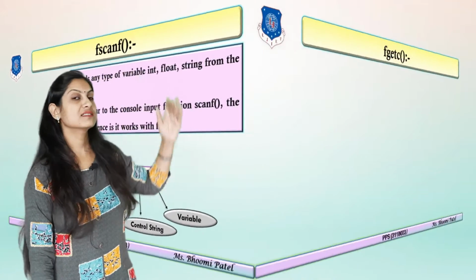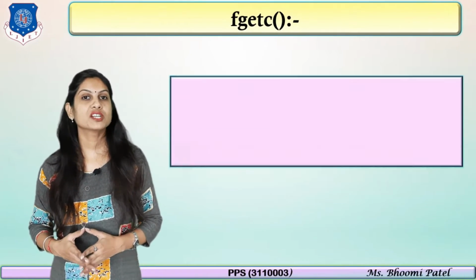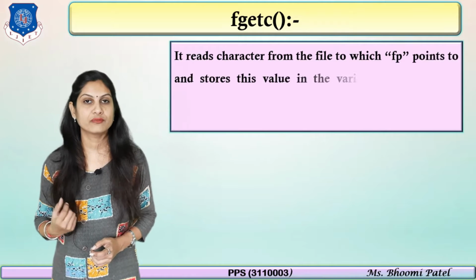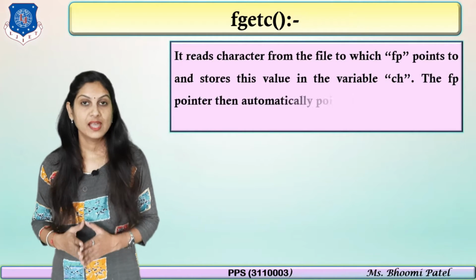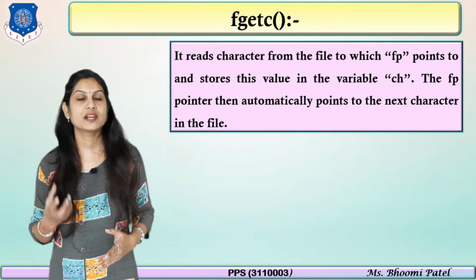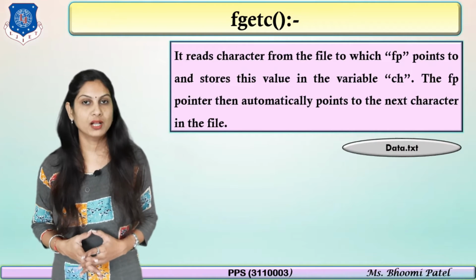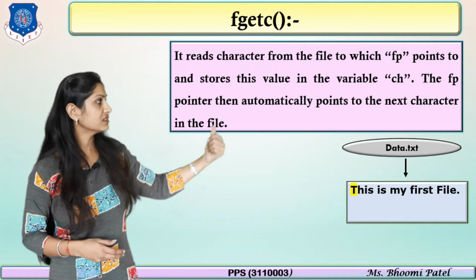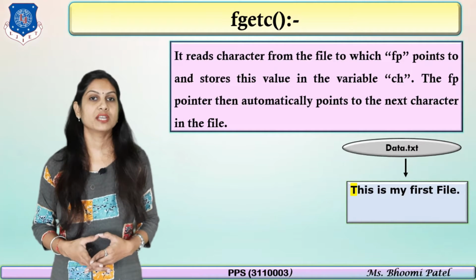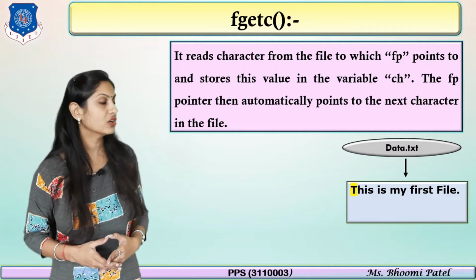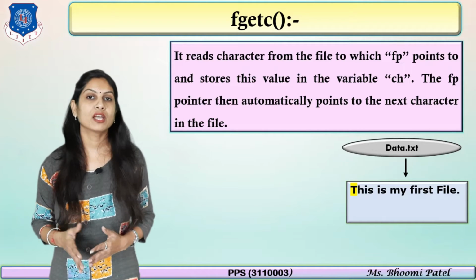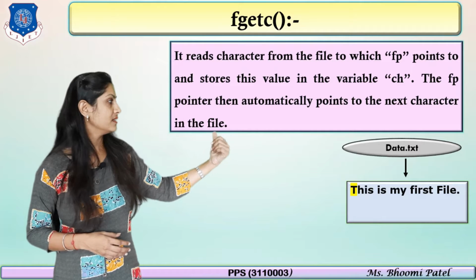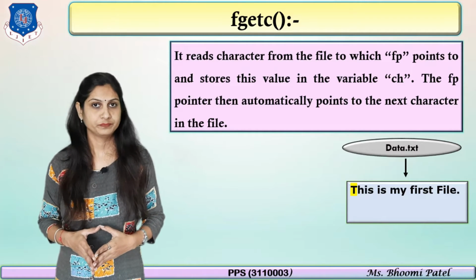Now the next function is fgetc. This function is used for getting or reading a single character from a particular file, and that character is stored in a variable of type char. How can we use it? Just see the example here. I have taken the file data.txt, a text file, containing the line "this is my first file".